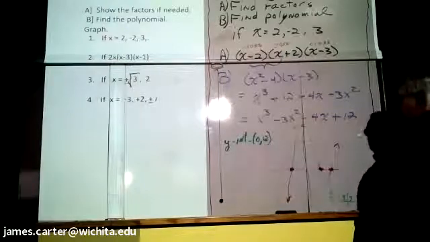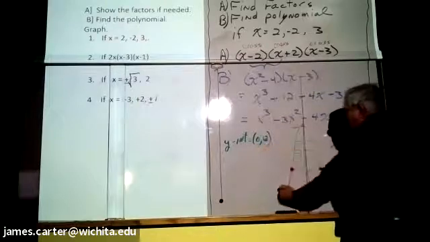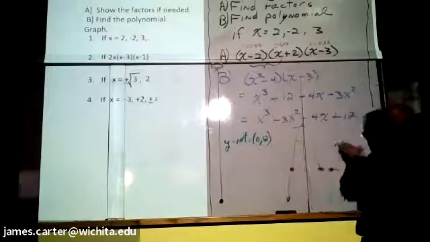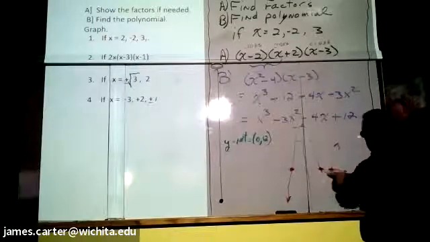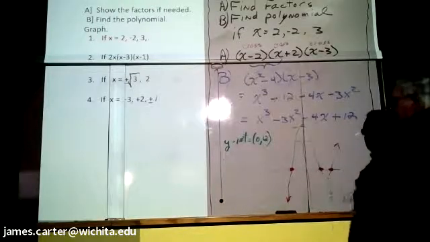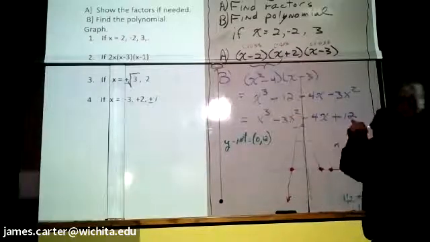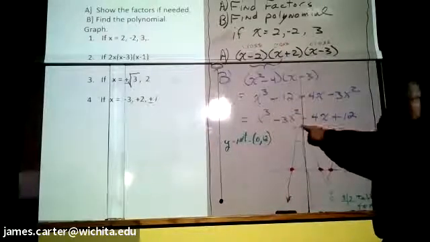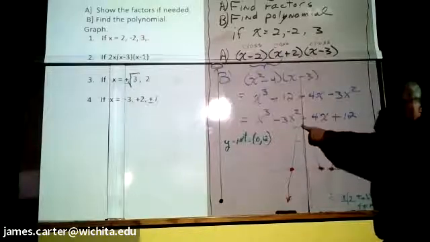Now, this thing is positive here, so that means it's going to go from down to up. We plot our 3 points that we've got. All 3 of them are crossing. The y-intercept of this thing is 12 up here, where x equals 0.